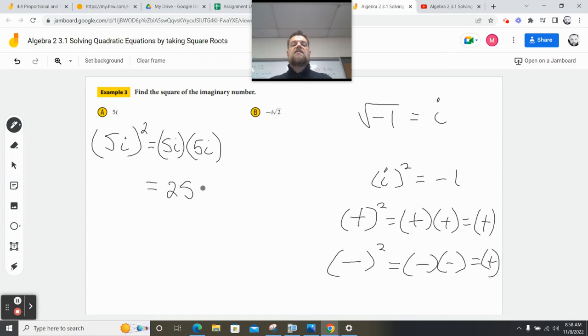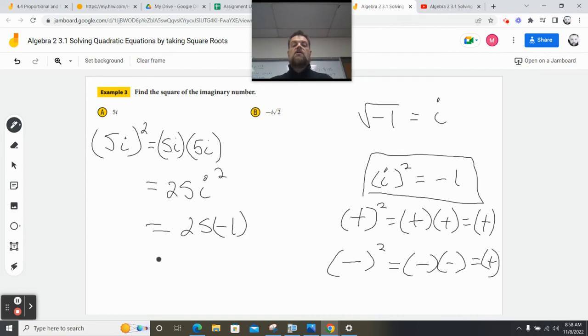What's i times i? i squared. But what's i squared? i squared is equal to -1. What's 25 times -1? And that is our answer. (5i) squared equals -25.